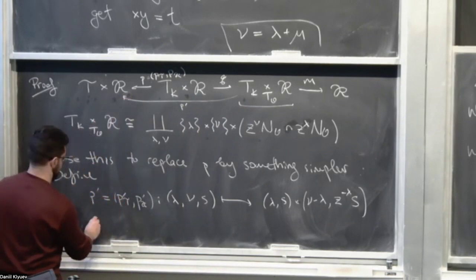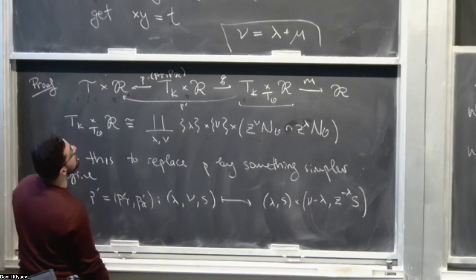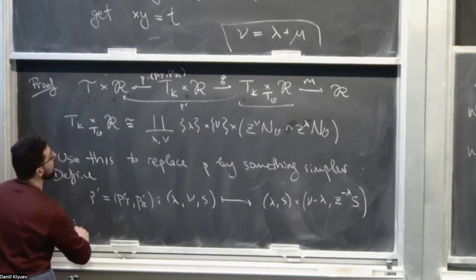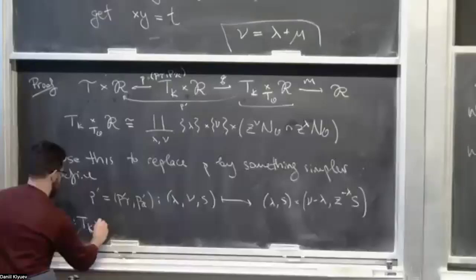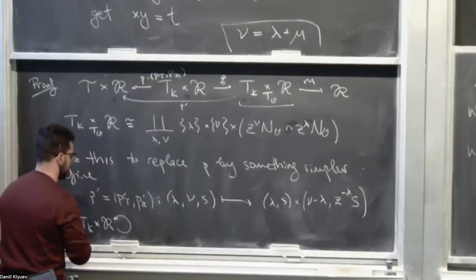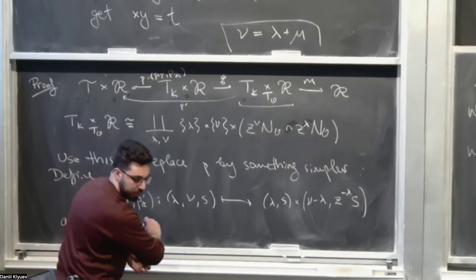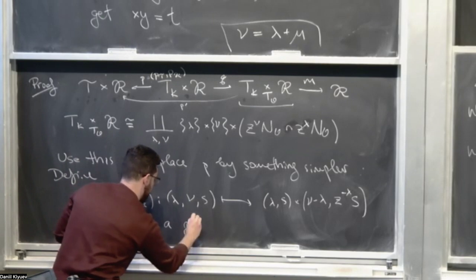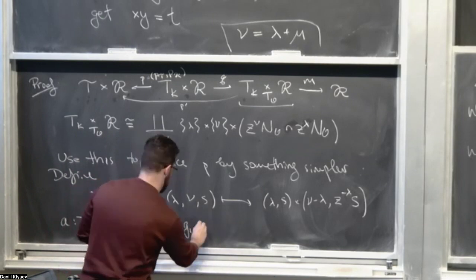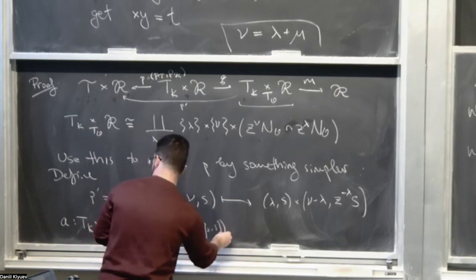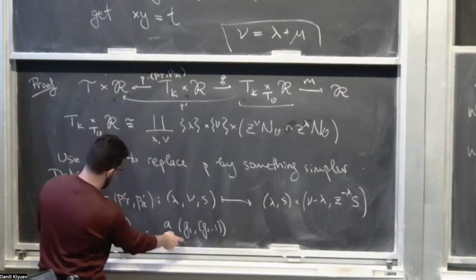There's a second definition, which is, I wish I could try to fit it in here. A is a map, an endomorphism of T_K times R. Actually, an automorphism. It's defined by, I'll write it on the functors and points.